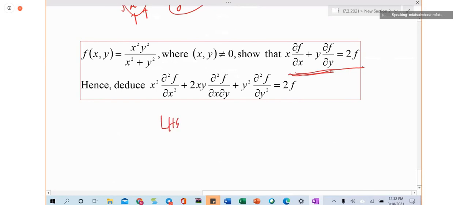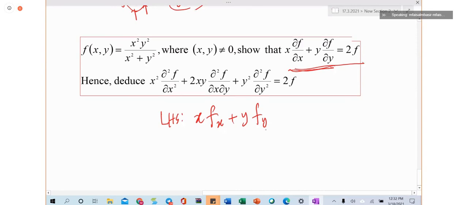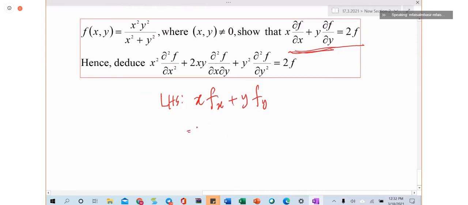Left hand side, x fx plus y fy. I can write it like this: x f subscript x plus y f subscript y. Then we have x, just copy. Fx, okay, your f is x squared y squared over x squared plus y squared.